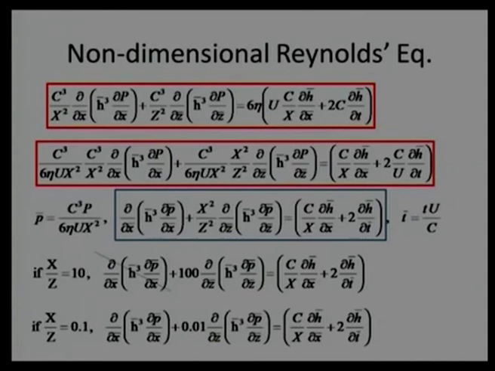The reverse is also possible. You say that x is much smaller compared to z. In that situation, if we substitute over here, I am getting 0.01. That means when the x dimension is much smaller, we are getting a low value of z. That was expressed in a previous slide in figurative form.